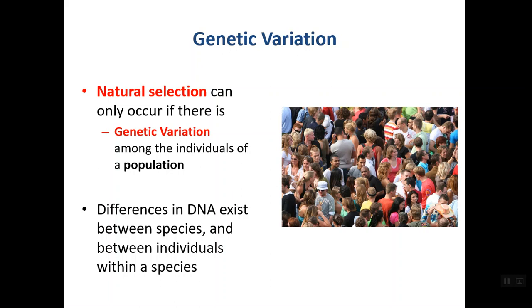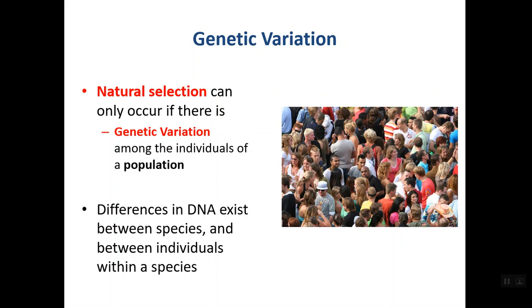And one of the main points upon which natural selection is based is genetic variation. There is an intrinsic variability in populations. We know now how this variability arises. We have studied that in the first part of this presentation.